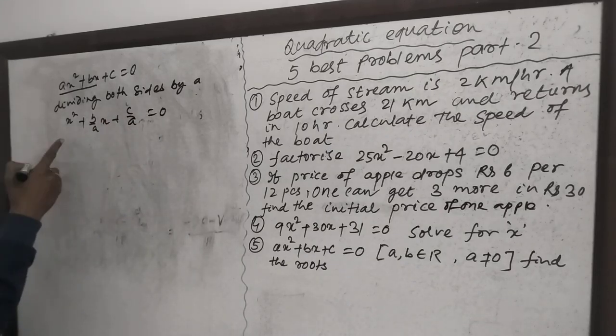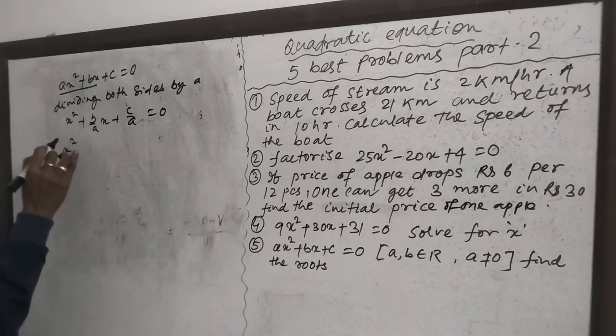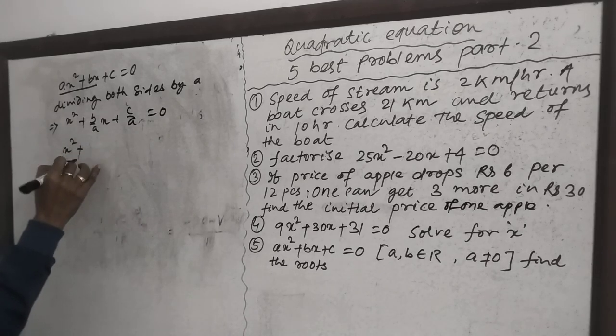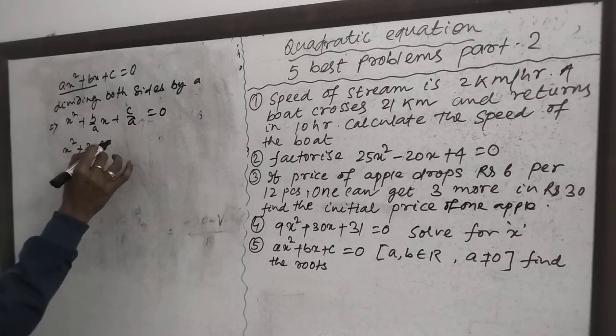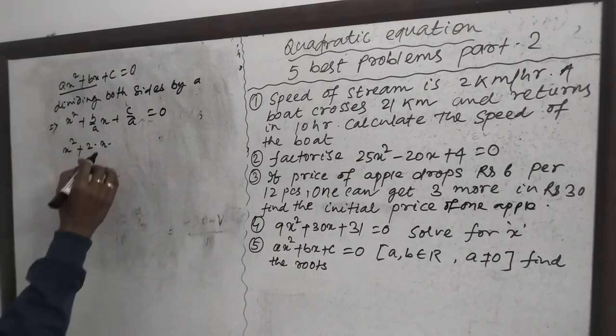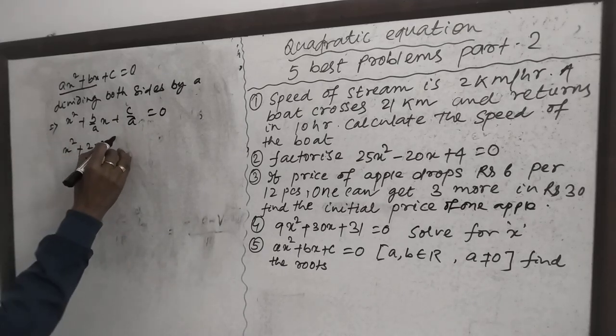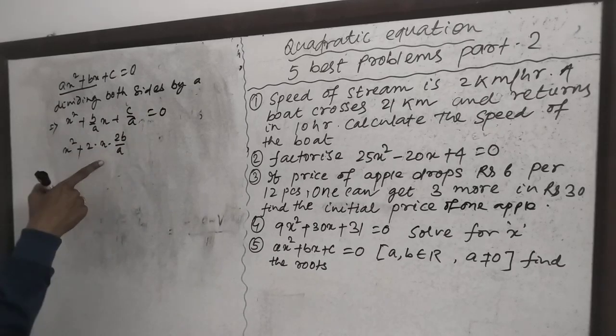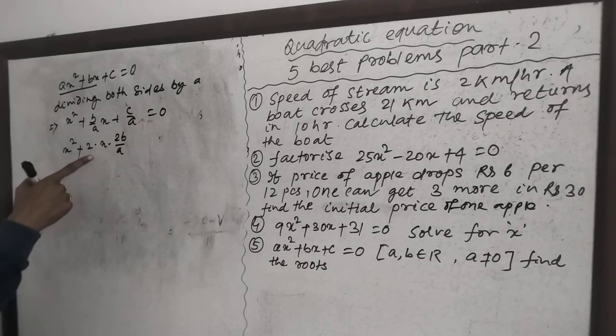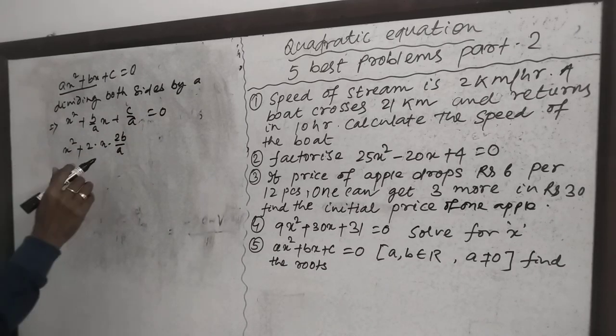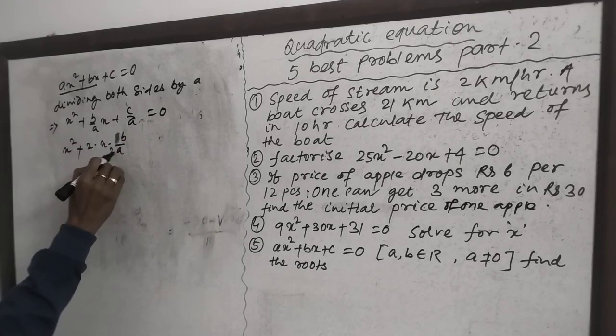Okay, now make this a whole square, that is x square plus 2 into x into b by 2a.